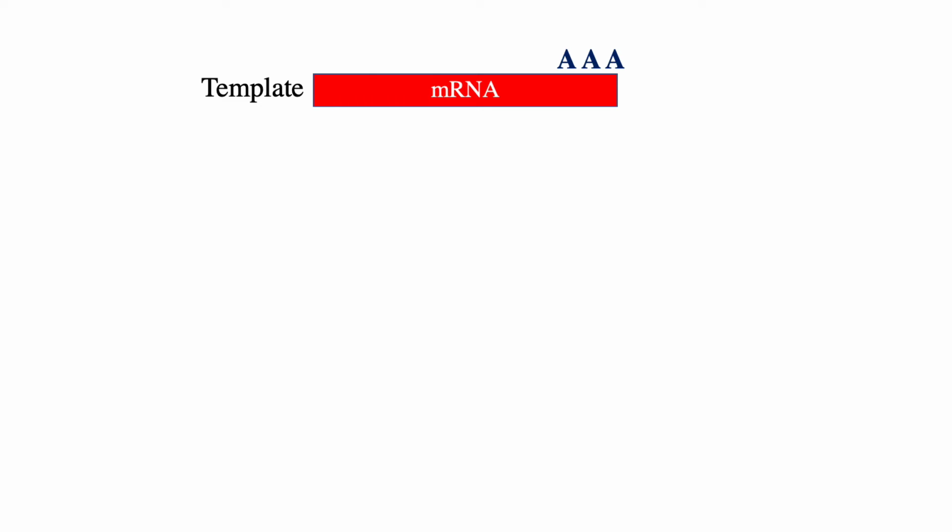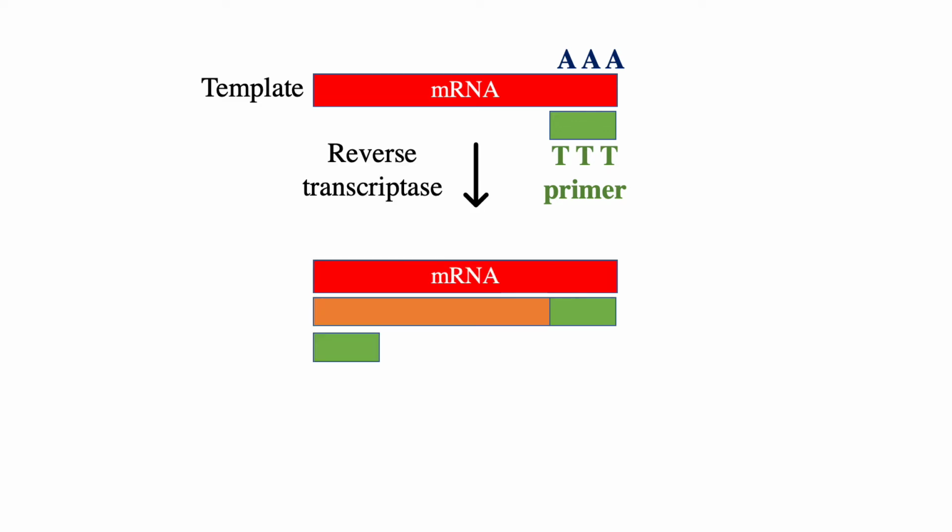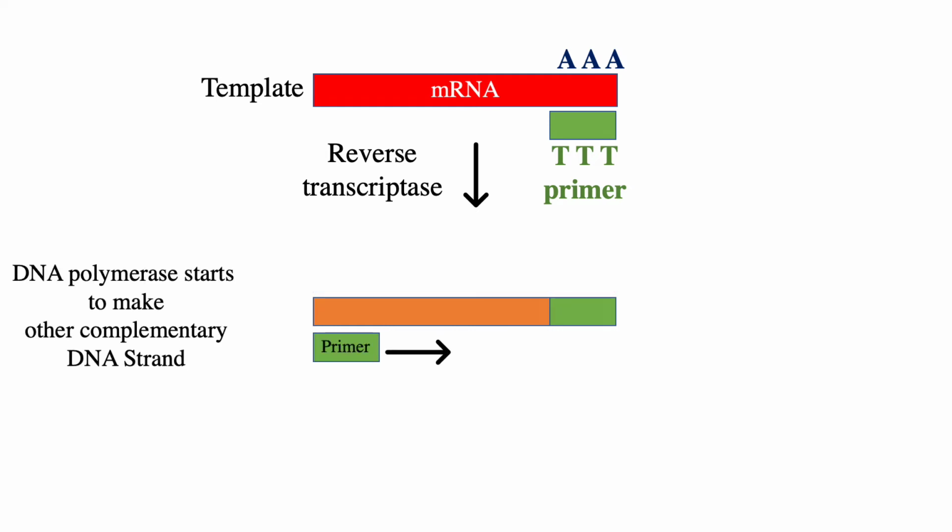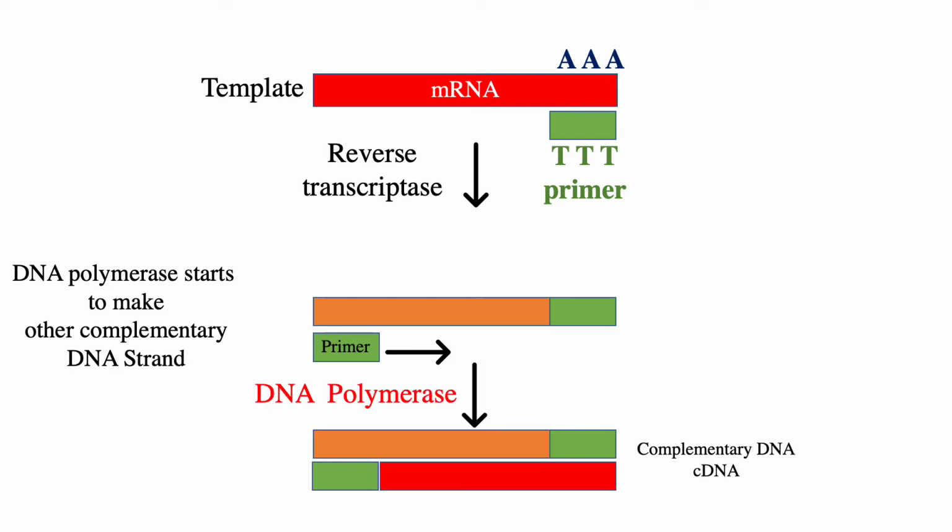So we can use a poly T primer, or a series of thymine DNA bases, to help reverse transcriptase get going. Once completed, another enzyme is used to degrade the mRNAs, and then DNA polymerase is used to synthesize the complementary DNA strand, resulting in a double-stranded DNA molecule, which we will call the complementary DNA or cDNA.